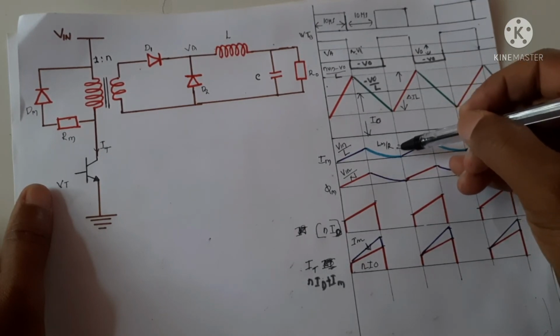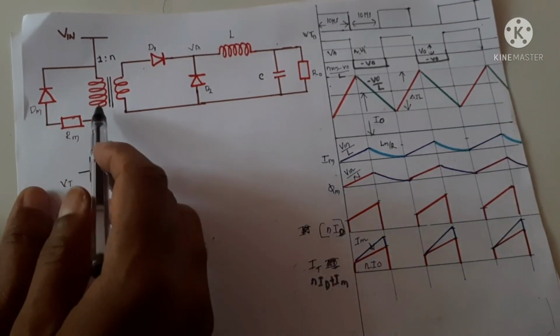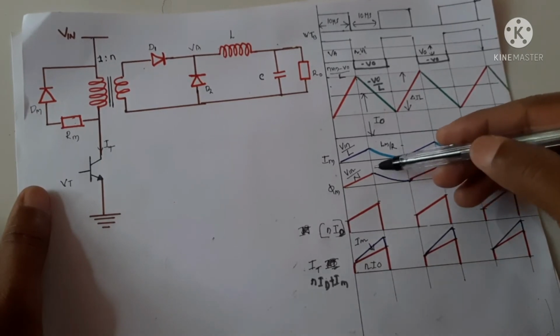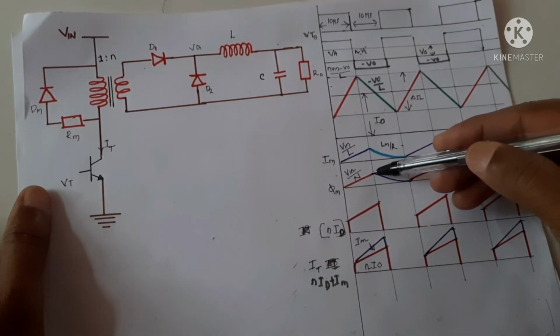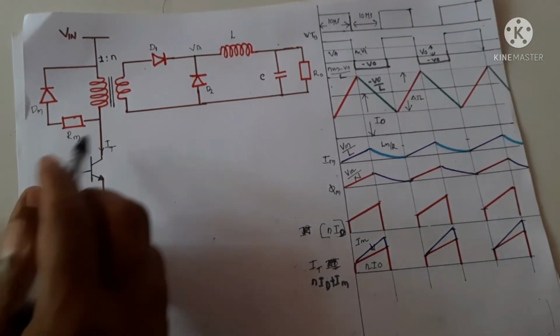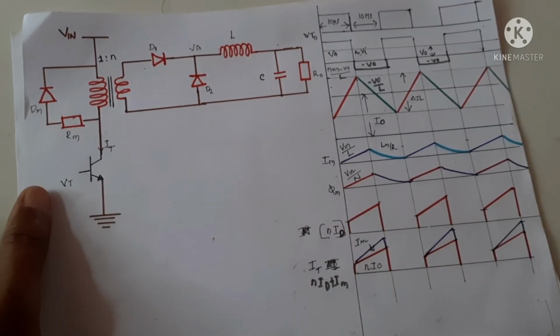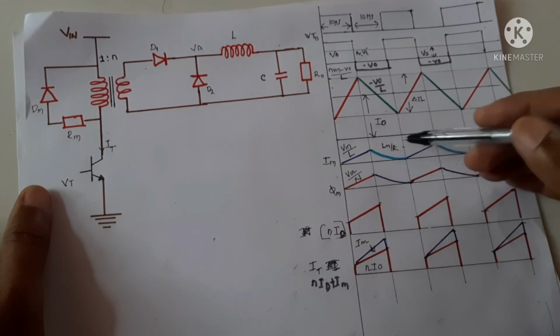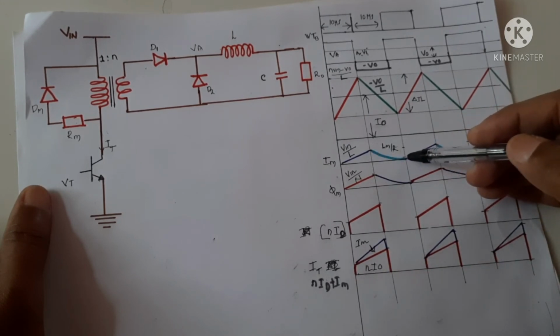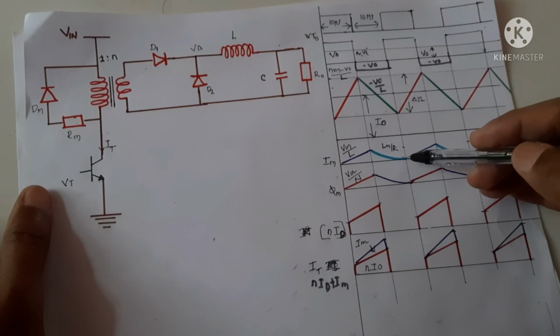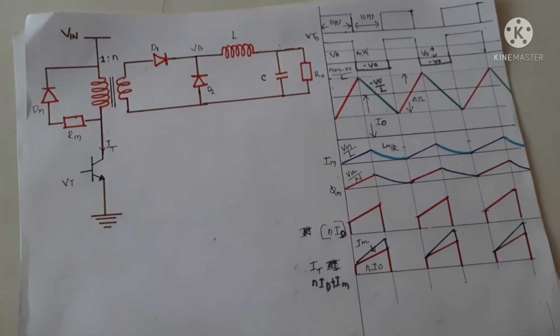And if the resistance is very high, this is the maximum magnetization current, and this into the resistance will give a high voltage that can damage this. So we have to select the proper resistance in order to reset the flux before the transistor turns on again.